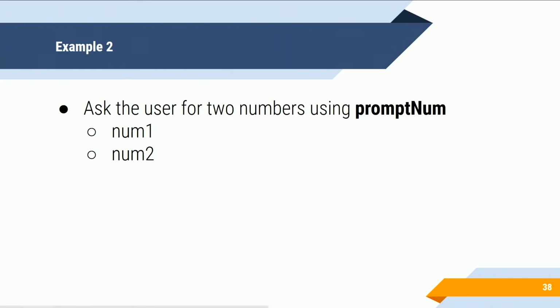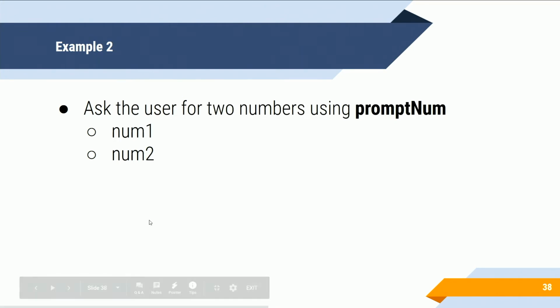We'll say var num1, var num2, and again, we'll use our prompt num, so we'll say num1 equal prompt num number1, and then num2 equal prompt num number2.